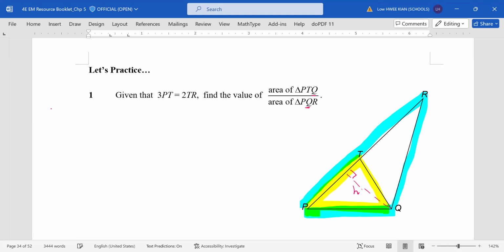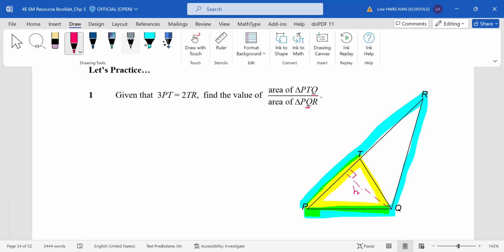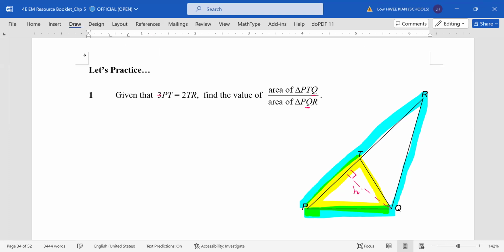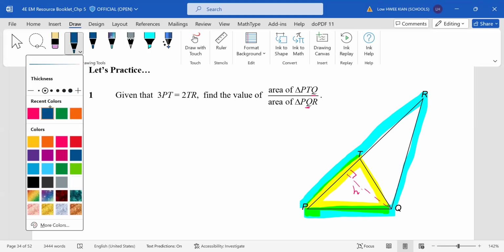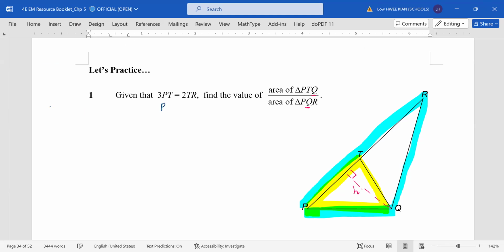Yeah. So now the next thing is we have already learned, if I want to make use of common height to find the ratio of area, I must be able to know what the ratio is. So what is the ratio given over here? The ratio now that I have is PT and TR. Some of you may not be able to identify the ratio straight away, so a simple trick is we just write in fraction.